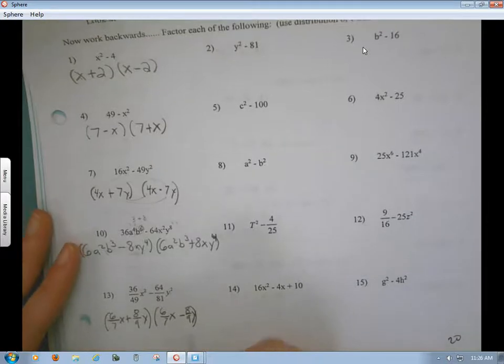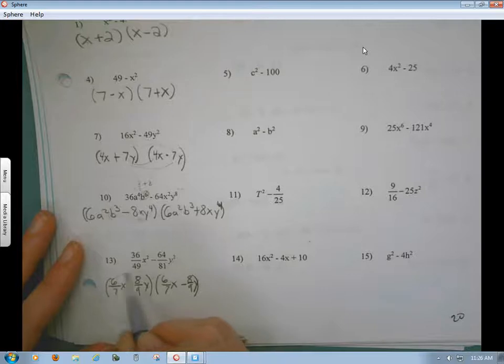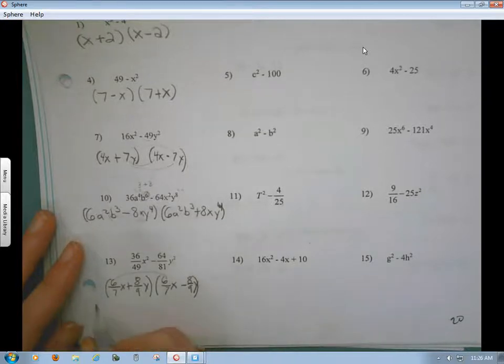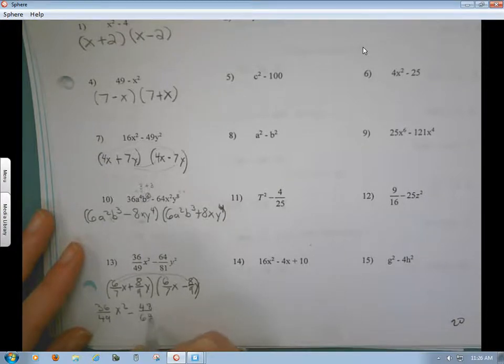Okay, and now just to make sure, let's FOIL it. 6/7 x times 6/7 x is 36/49 x squared. 6/7 times negative 8/9 is going to be negative 48/63, and x times y.